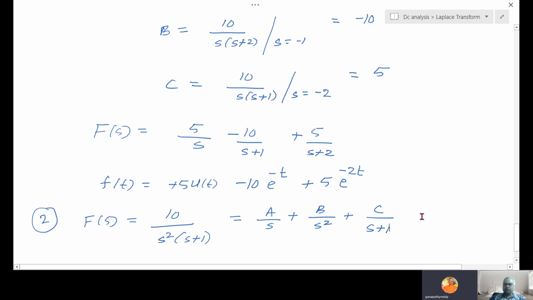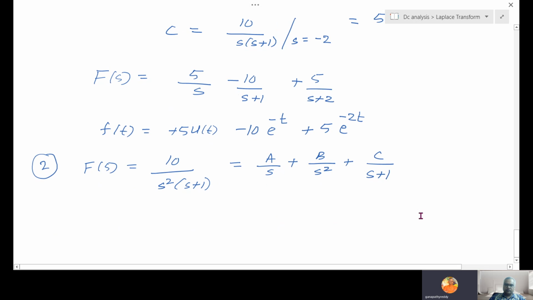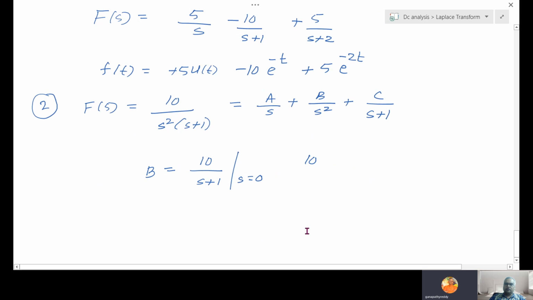If s plus 2 also there, then d by s plus 2 will come. Now we can find b: s square will go, 10 by s plus 1 at s equal to 0. You will get 10. C also you can find easily. 10 by s square at s equal to minus 1. So at s equal to minus 1, square plus again 10.